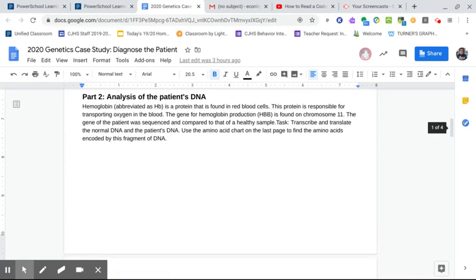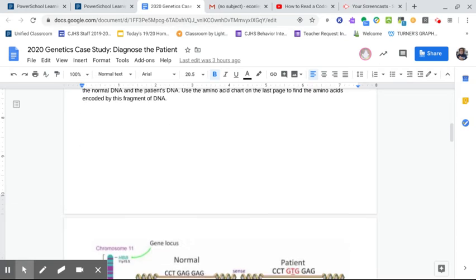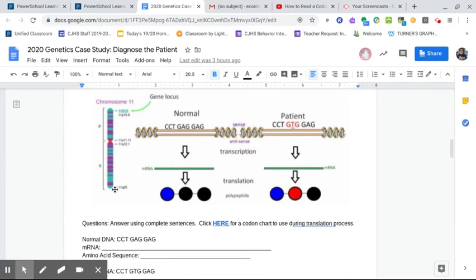Now, the second part is when we actually take and we analyze the DNA. And so what you're given here is a chromosome. Remember, the chromosome is just a long strand of DNA separated into different genes here. And so we have lots of different genes, and they use colors here to kind of show some of the different genes here.